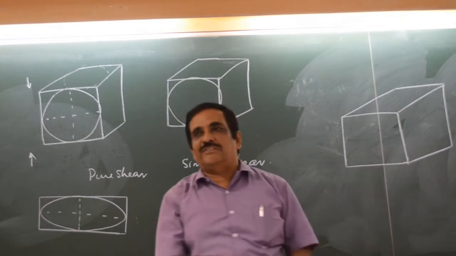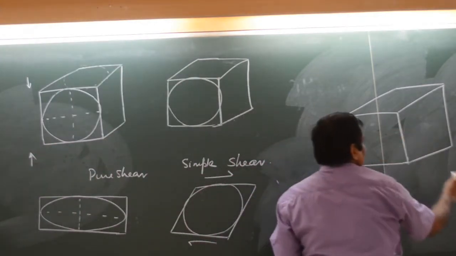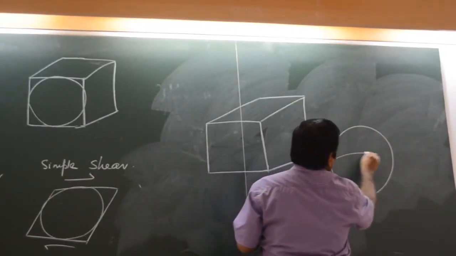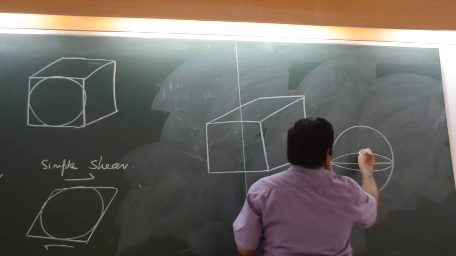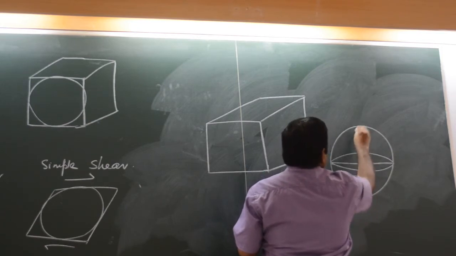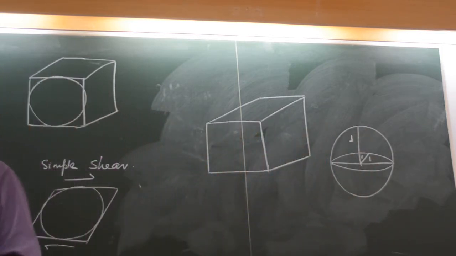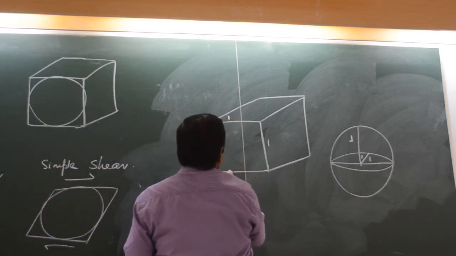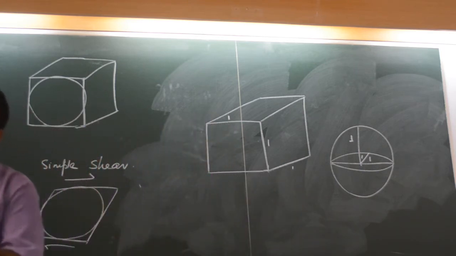I will draw it here. Both directions, this side is 1 centimeter, vertical is 1 centimeter. Unit dimension. So this cube is also 1 centimeter, this is 1 centimeter, this is 1 centimeter. Like that, a sphere is inside.